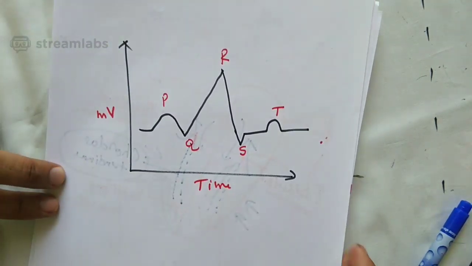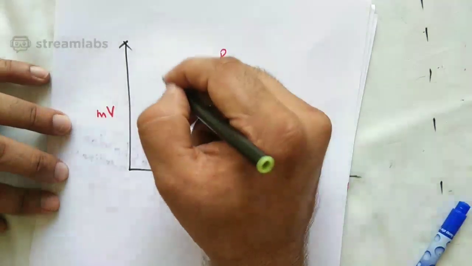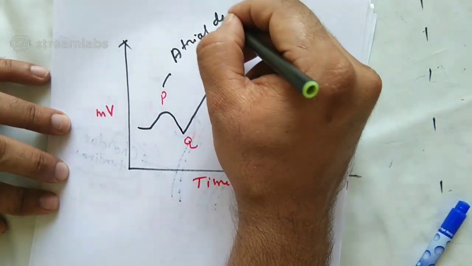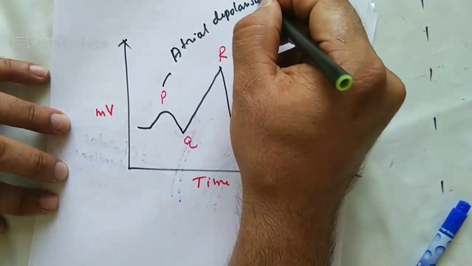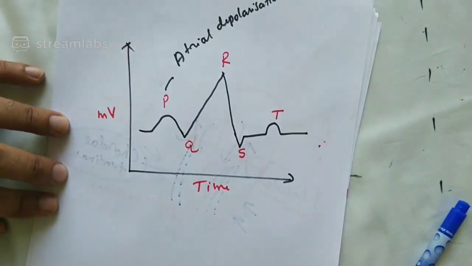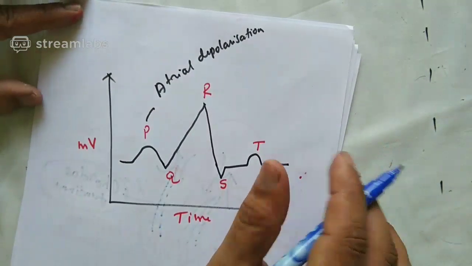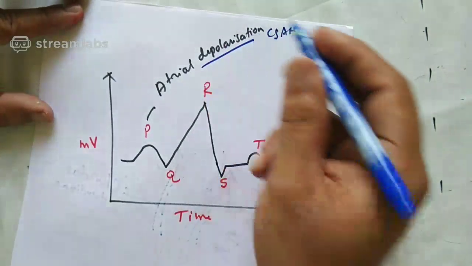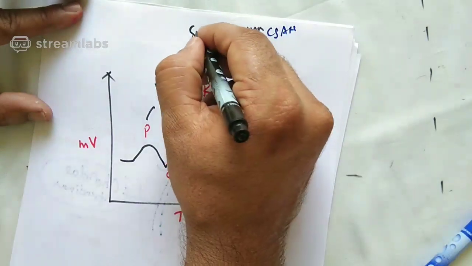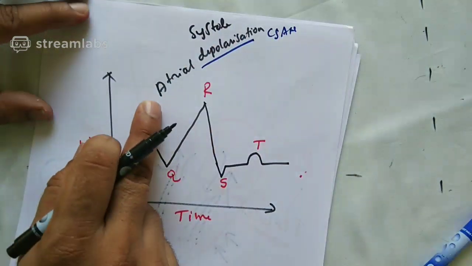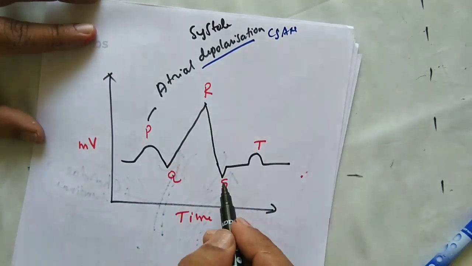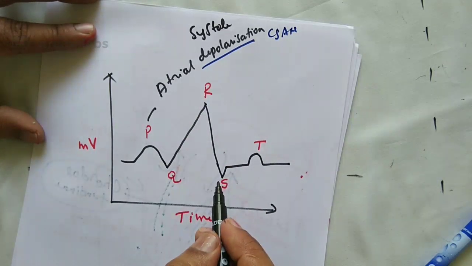Clear? Yes. What is P here? P is atrial depolarization. Atrial depolarization means during this condition, SAN, the sinoatrial node, will be working, and this will lead to the systole condition, systole of the atria. That means during the atrial systole, the wave will be the P wave. Hope the matter is clear. What is QRS? QRS is a complex.